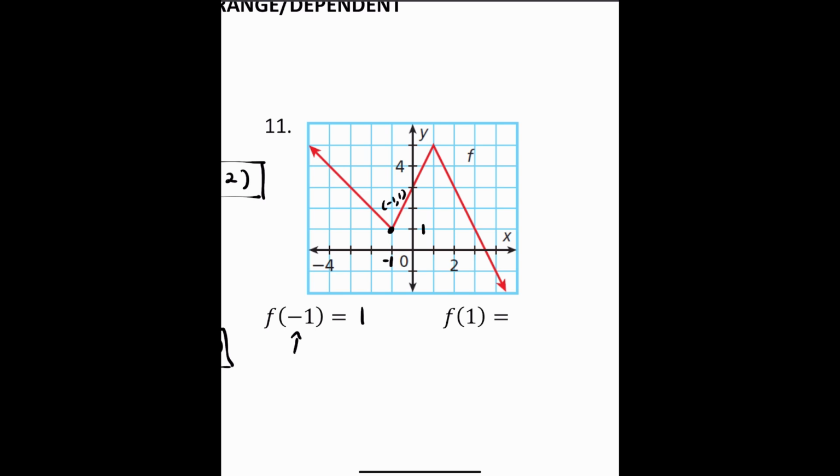Now we're going to do the same thing with f of 1. The input is 1. 1 is located right here on the graph in terms of the x-axis, and then we can figure out what the y value is associated with that. So that would be 5, right? So f of 1 is 5.